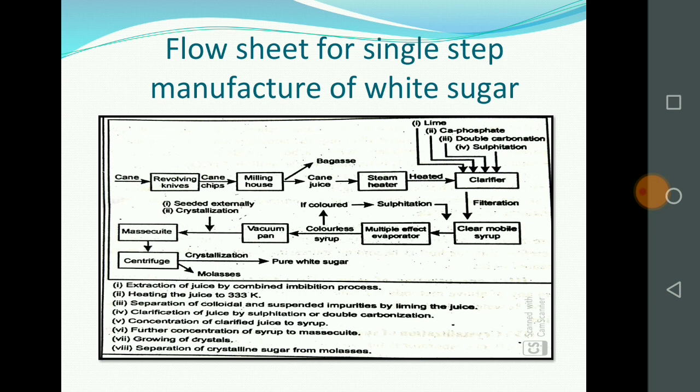The solid is mainly cellulose, fiber, and pith. It is used for various purposes. When other sources of energy like coal and electricity are not available, it is used as a fuel for raising steam. This practice is most prevalent in our country.